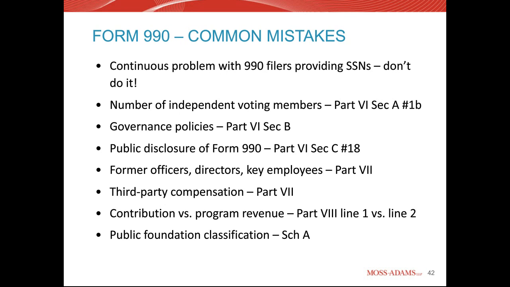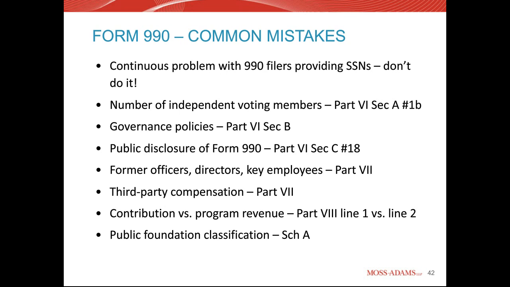So the idea of a former officer, director, and key employee, if you're familiar with Part 7, you have to put each person who's listed in a bucket: officer, director, key employee, highest compensated employee, or former of any of those except for highest compensated. But former here, again, really means something really specific for the 990, and it's defined in the 990 instructions over a page or two of instructions.